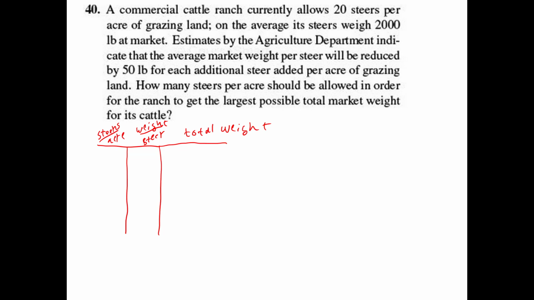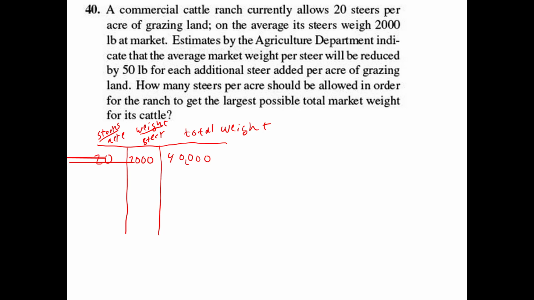So if you allow 20 steers per acre, and then each steer will weigh 2,000 pounds. And so then 2 times 2 is 4, and you will have 4 zeros, the total weight will be 40,000 pounds of steer that you will get per acre.